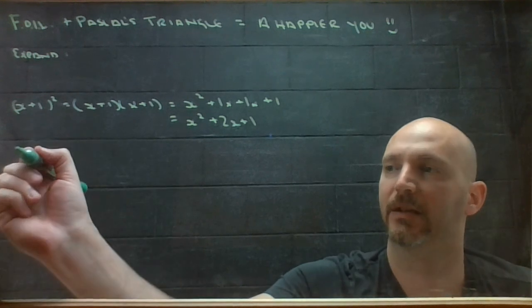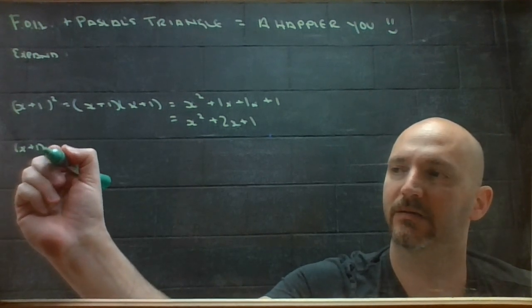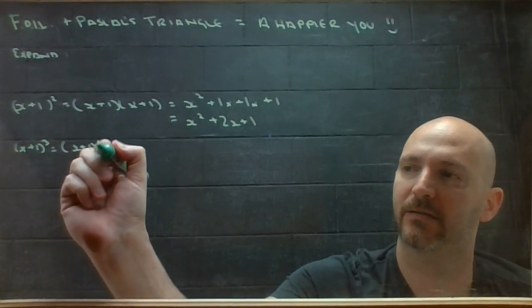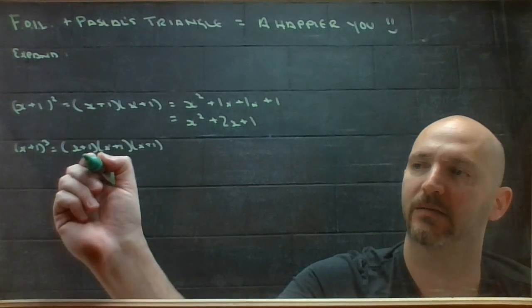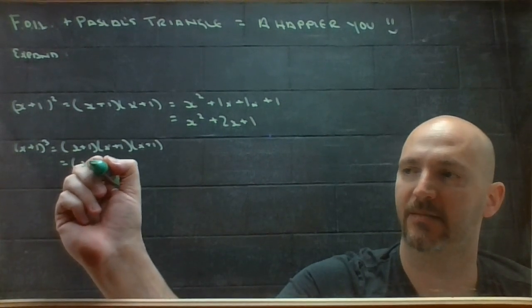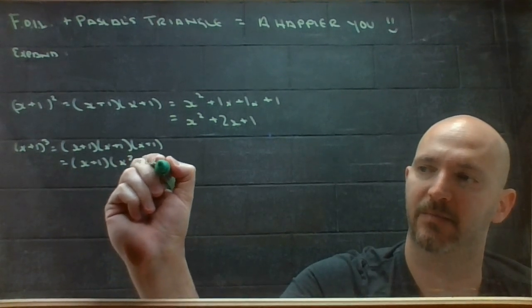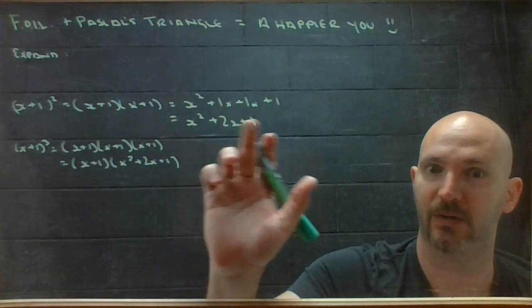All right, and then I'm going to try x plus 1 cubed, sorry. That would be x plus 1 times x plus 1 times x plus 1, which is just x plus 1 times x squared plus 2x plus 1, because we already did 2 together and got this.